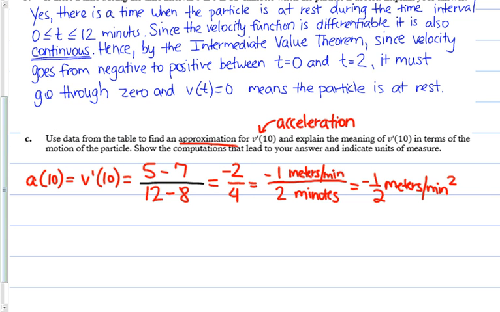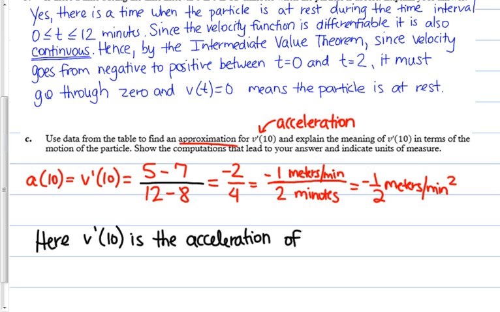I found v prime of 10. Now I'm supposed to explain the meaning of v prime of 10 in terms of the motion of the particle. So here, v prime of 10 is the acceleration of the particle at t equals 10 minutes.